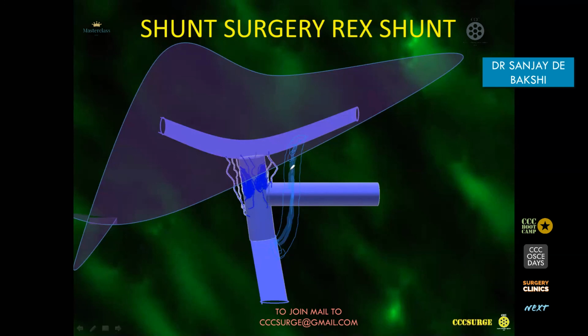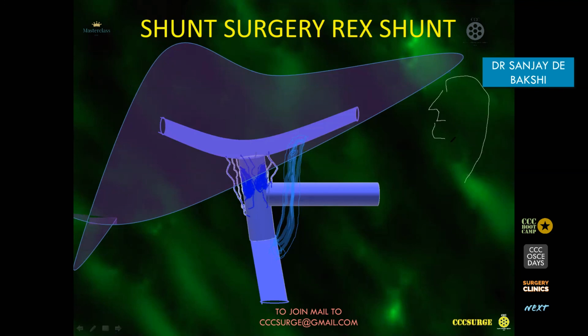You use the left jugular vein. It's an autologous shunt. You harvest the left jugular vein, the whole length of the jugular vein, and you use it out here.